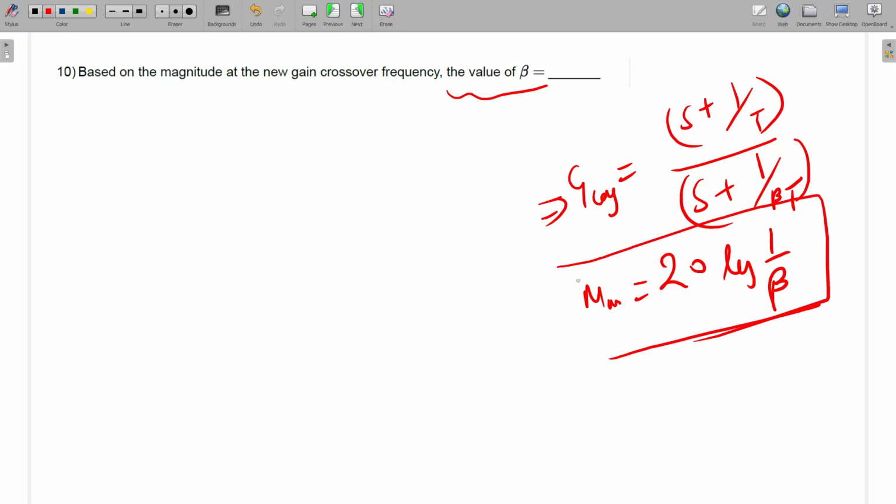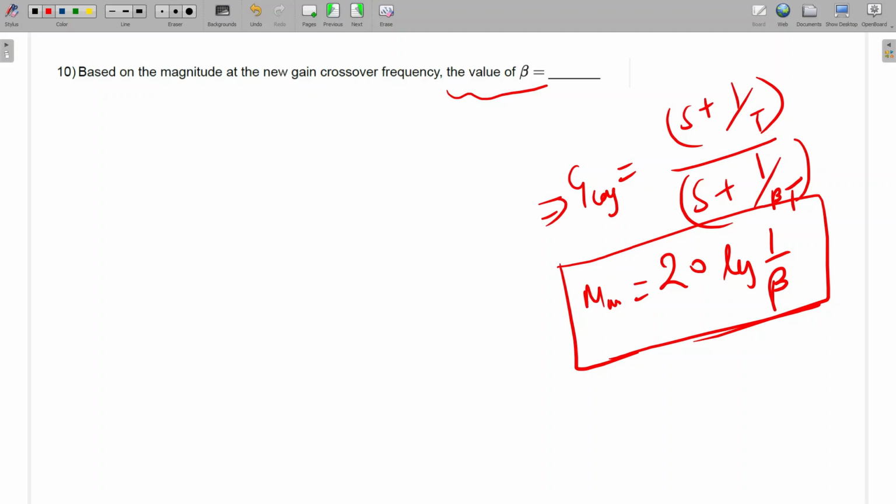This should be equal to the phase crossover frequency that we have already calculated. For the required phase margin, at that frequency the total magnitude should be equal to 0.